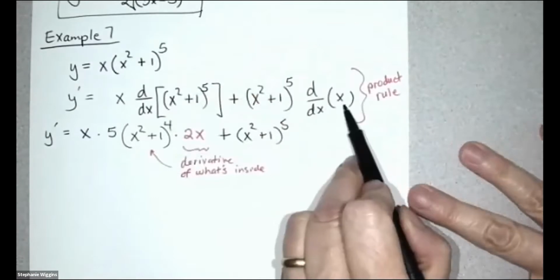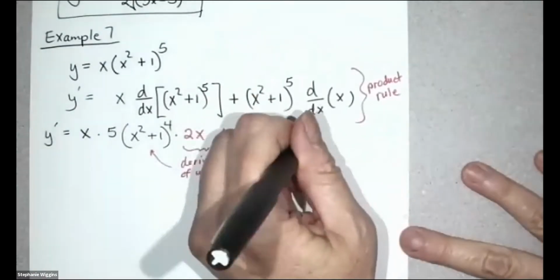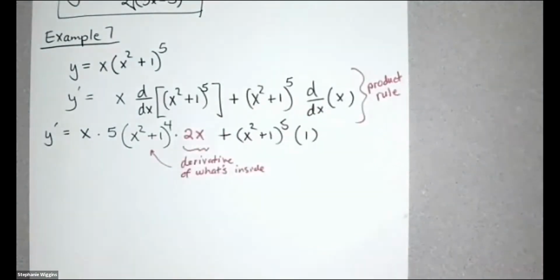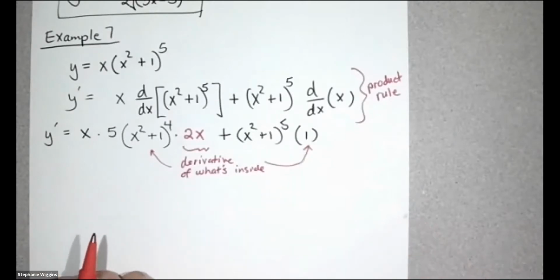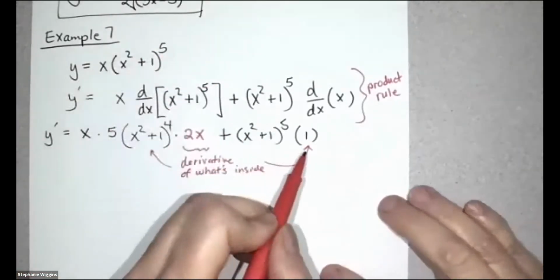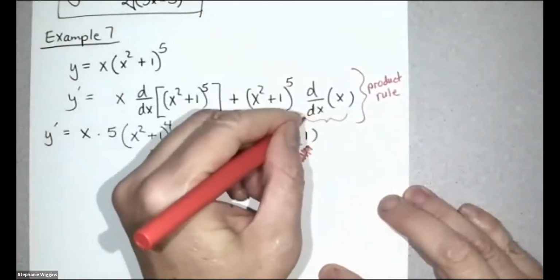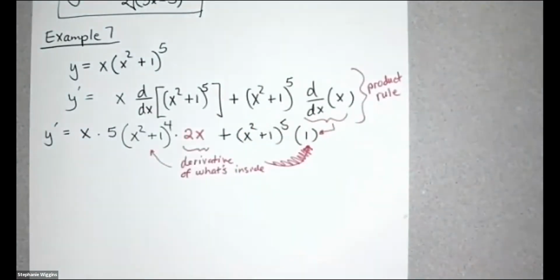The derivative of x is just 1, right? Oh, wait a minute. I don't really want to put that like that. That's just 1 right there. There we go. All right.